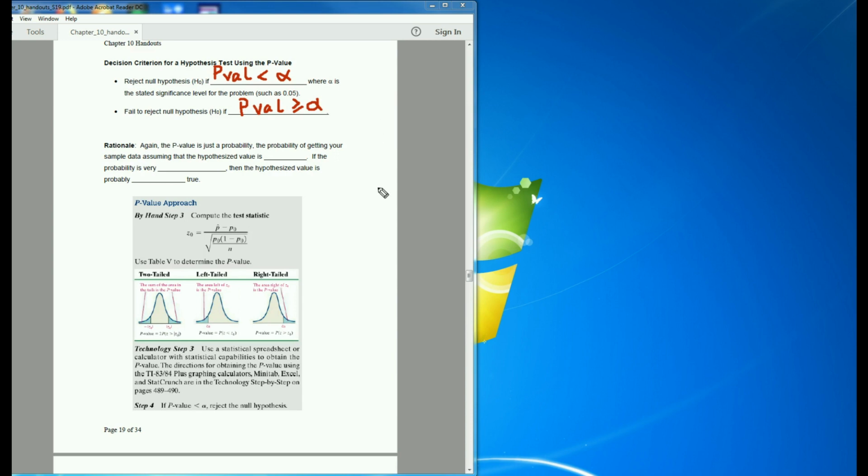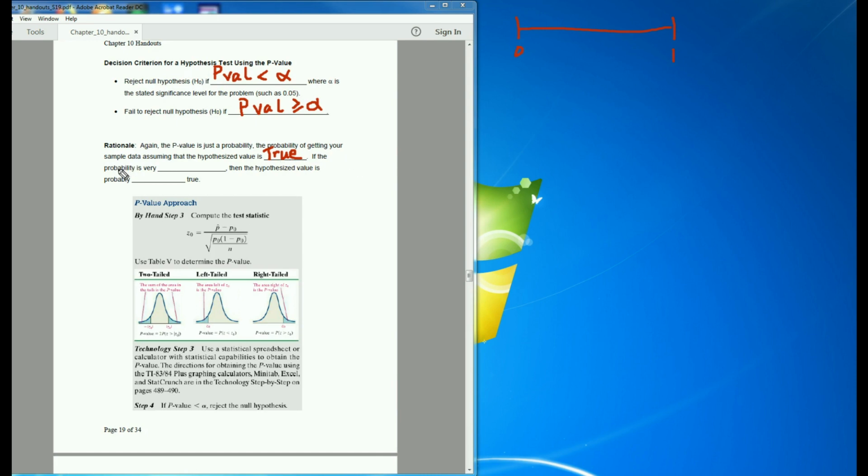And again, the rationale. The p-value, it's just a probability. The probability of getting that sample data, assuming that the hypothesized value is true. Here's a probability of 0, a probability of 1.